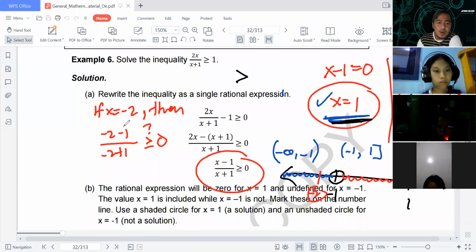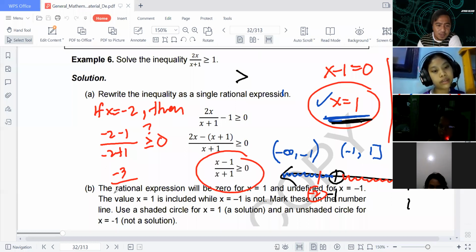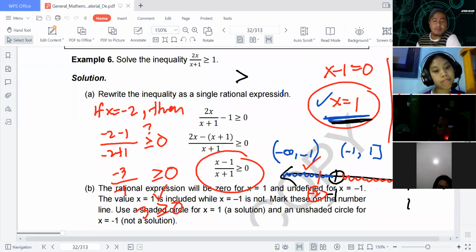In this case, what is the answer on top? Negative 3. The answer here is also negative 1. Is it greater than or equal to 0? Negative divided by negative is positive. So it's true. It means this is checked.